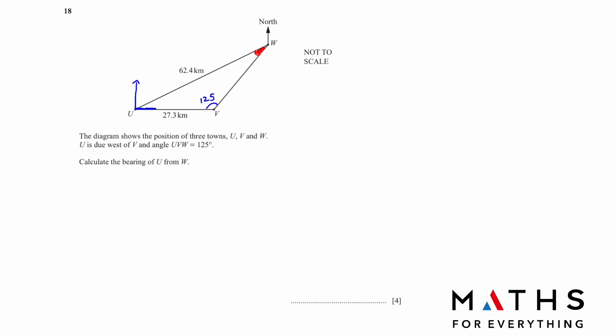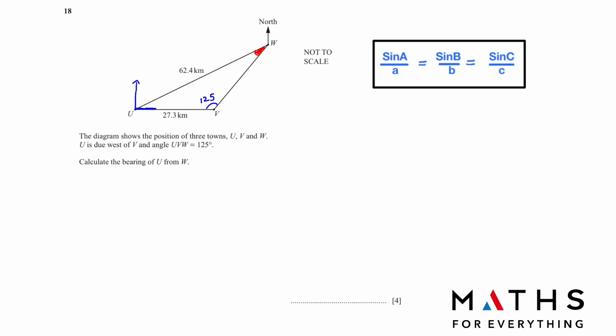For that, we can use the sine rule. We can write sine UVW, because that is what we want to find, over the side that is opposite to it. Which side is opposite? 27.3 is equal to the other angle sine UVW, which is 125, over the side opposite it, which is 62.4.